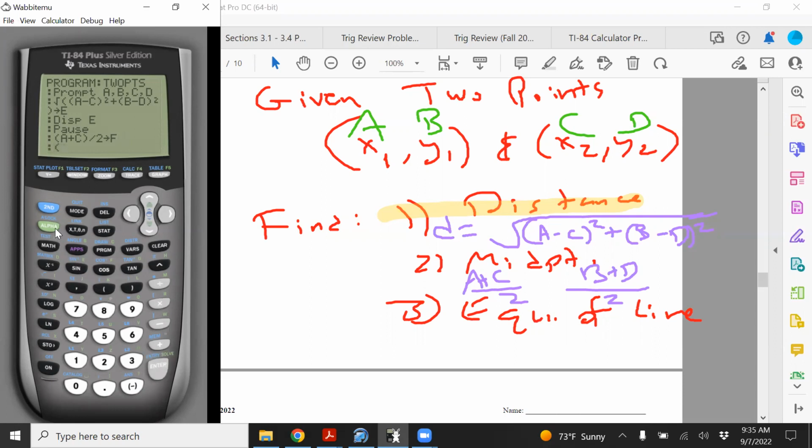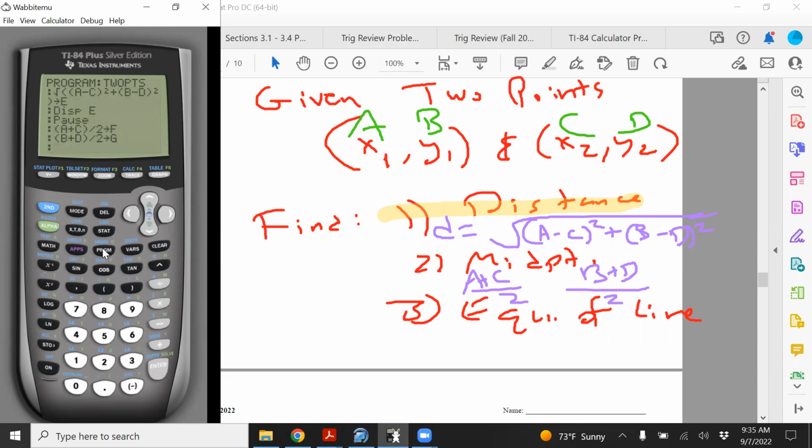And I'll do the next one, and we'll store as G. So F and G now are going to be my midpoint. Now I'm going to display it like this.